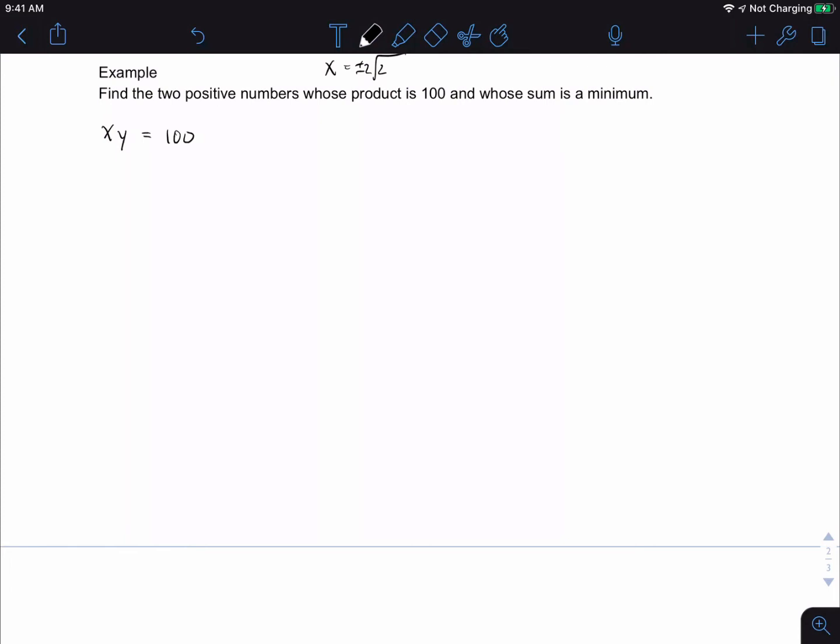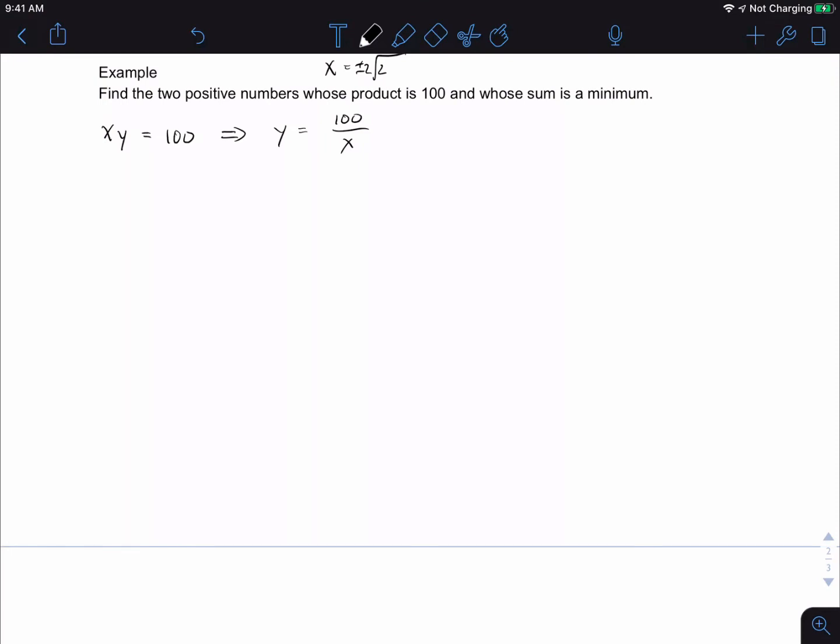So I want to write everything in terms of one variable. And so what I'm going to do is I'm going to solve this x times y problem and solve for y. So from here, doesn't this make sense that then y would be equal to 100 divided by x? Right? Because we for sure know that two positive numbers, they're going to multiply to be 100.